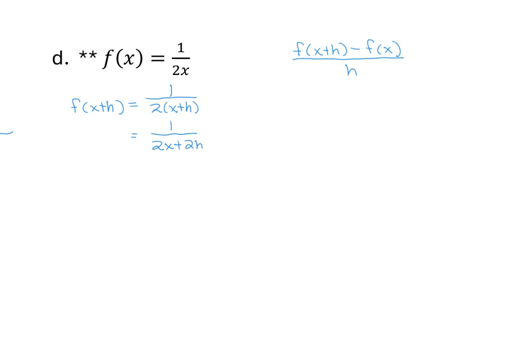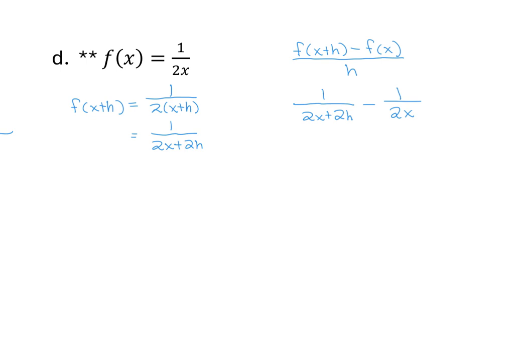Sorry, I forgot the rest of my difference quotient. Okay, so let's see what we can do here. We're going to start by plugging in our f of x plus h. We have 1 over 2x plus 2h. We want to subtract the original function, 1 over 2x.